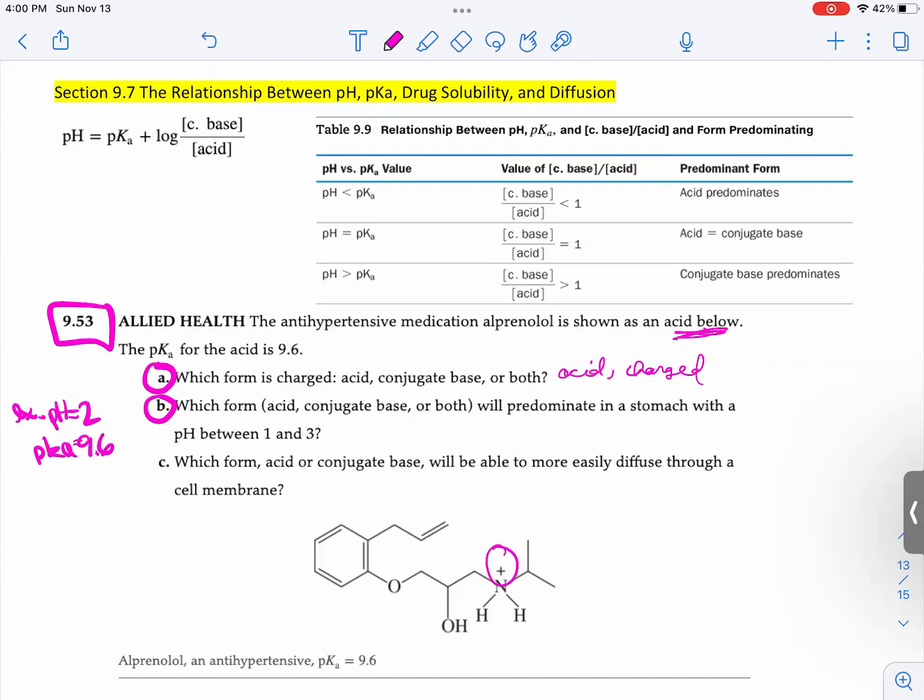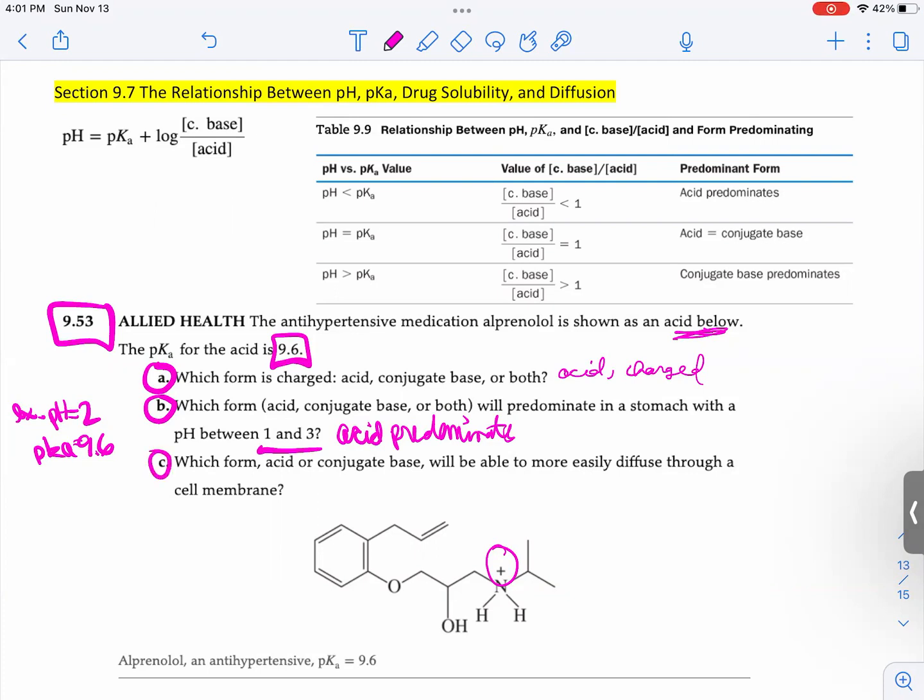If we have a pH lower than the pKa, the acid predominates. So if you think about it, in this case the acid predominates, right? Because you're given the pKa and they're giving you pHs, right?